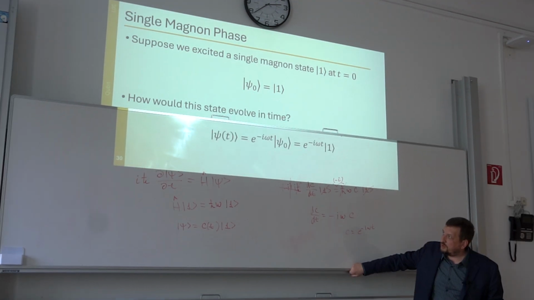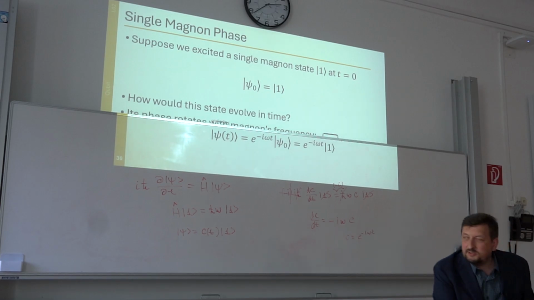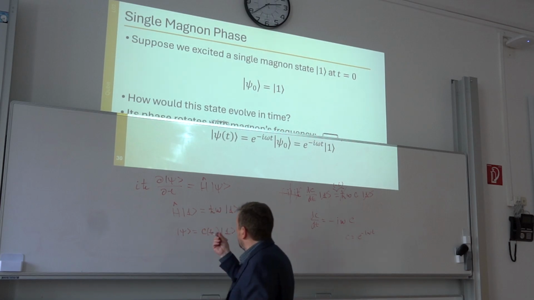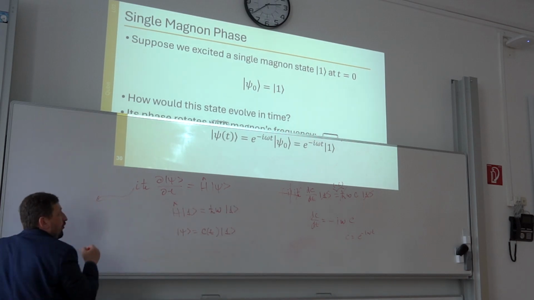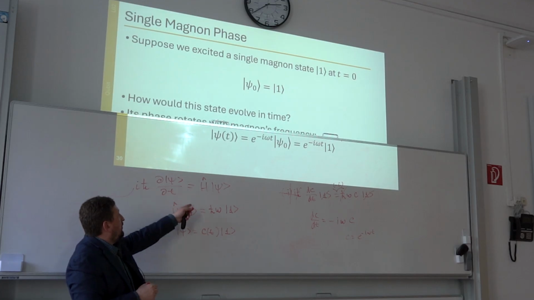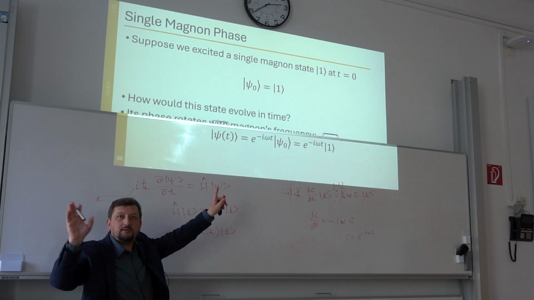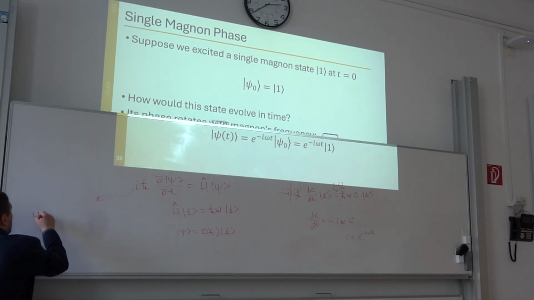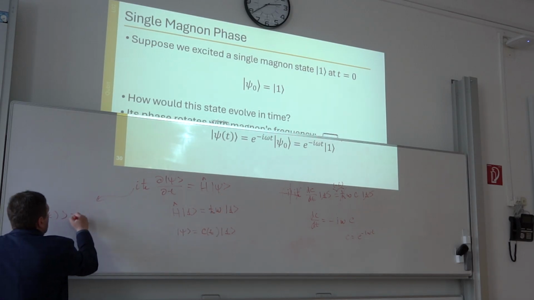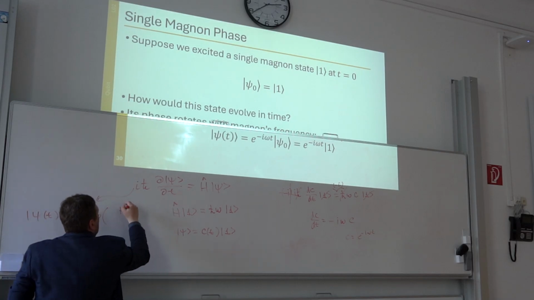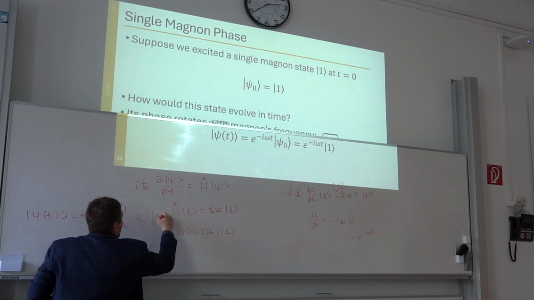Instead of doing all this, I can take this equation and solve it formally. This is a time derivative equals something. This is an operator, but I can forget that it is an operator. I can write the solution as the exponent of what I have here divided by h bar, times time, times what I had at the initial moment of time.